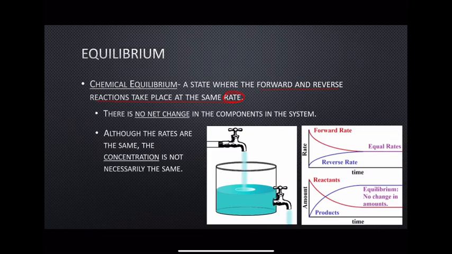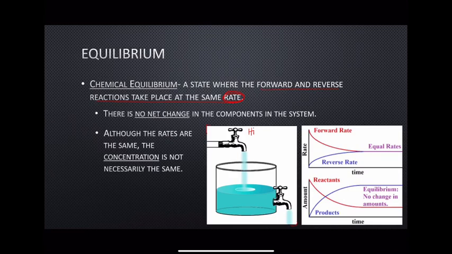Okay? So let's look at this diagram of this water faucet to use this to explain it a little bit better. All right. So in this picture, we have 2 different spigots that are being used to fill up this container. So what would happen if we turned this spigot on high?